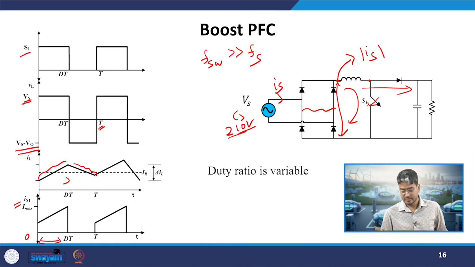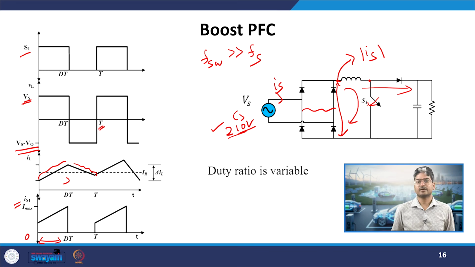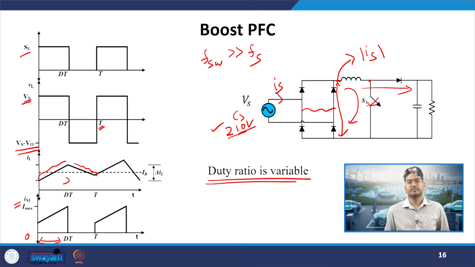So, its slope will be decided by this input voltage, that is 210 volts. The rate of change of current, or the slope of the line, will be higher when we are at the peak value. The charging rate will be less when we are at the 0 crossing. So, the duty ratio now becomes variable. It will depend on at what point of the sine wave we are operating the converter.